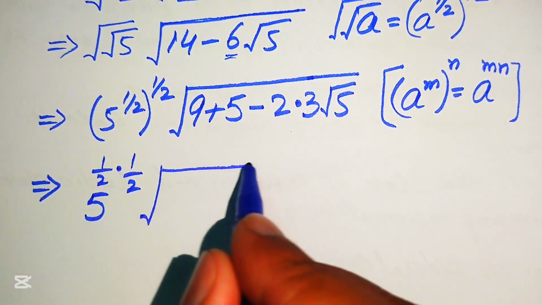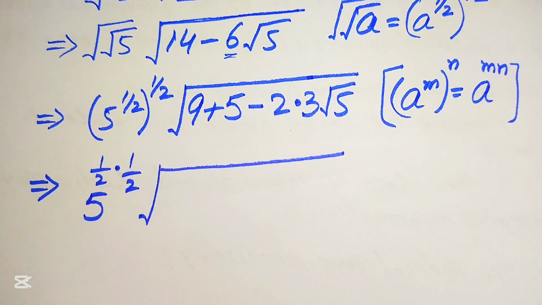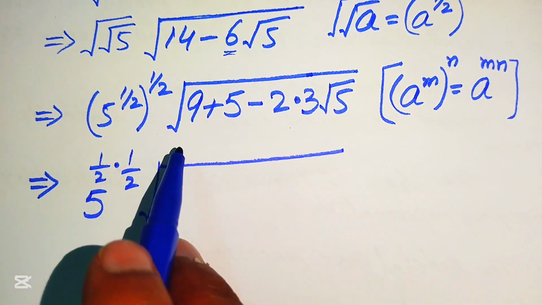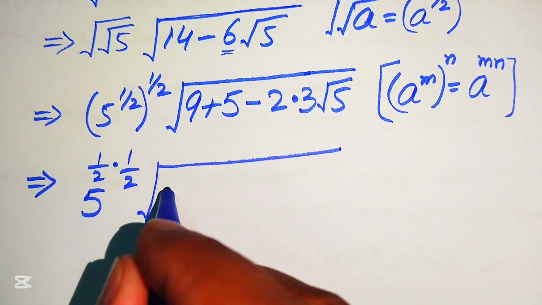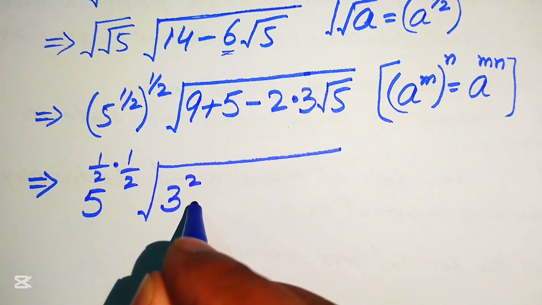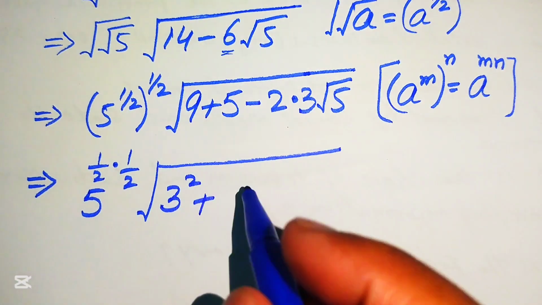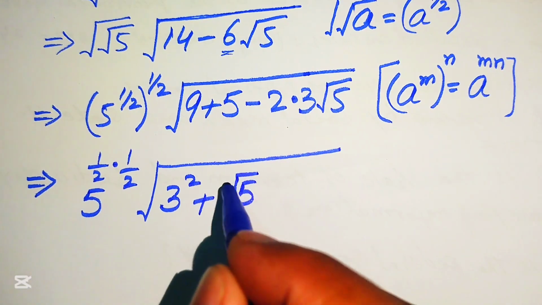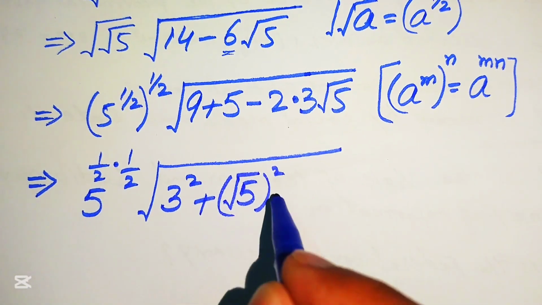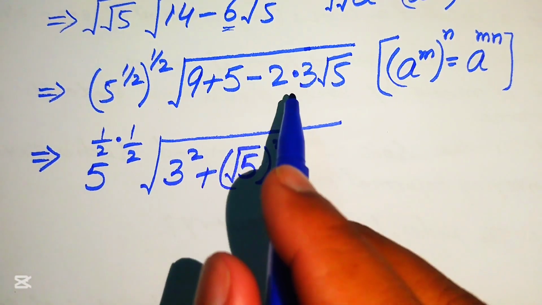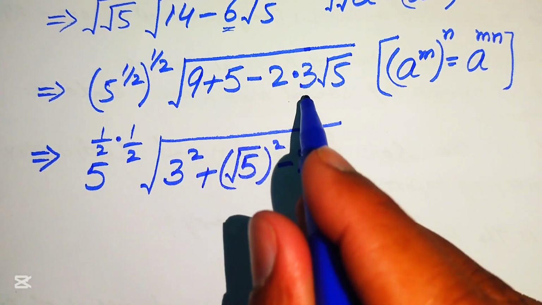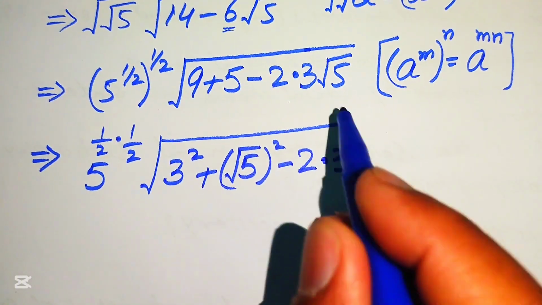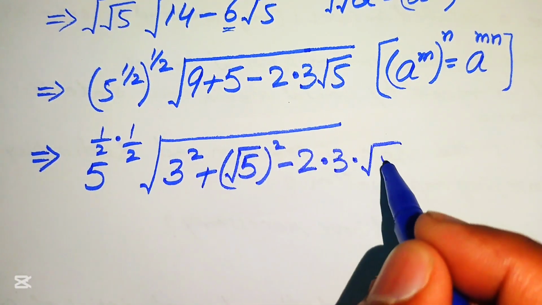We rewrite the expression under the root as 9, and we write 9 as 3 squared, plus 5, and we write 5 as the square root of 5 whole squared, minus 2 times 3 times the square root of 5.